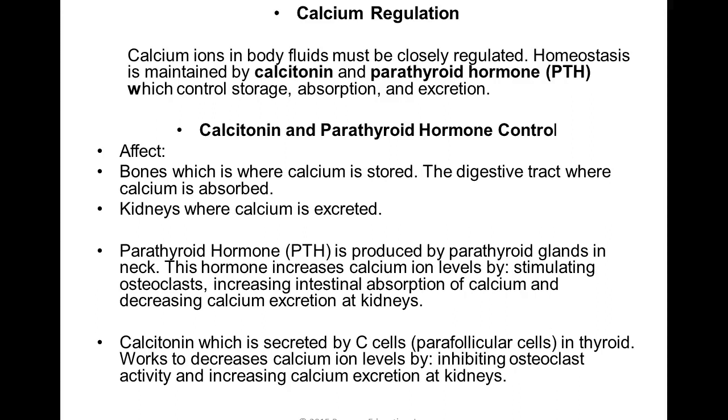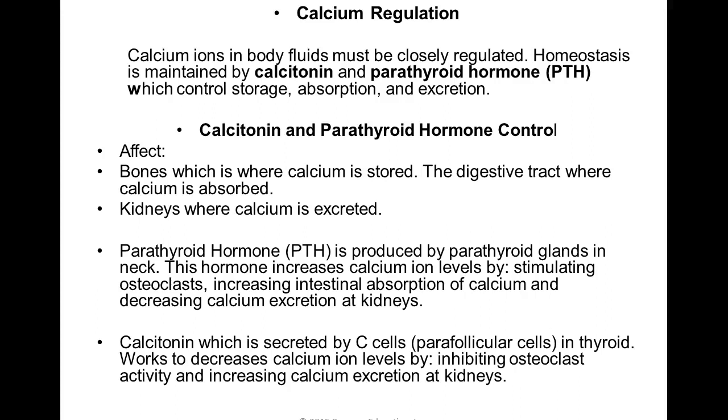In terms of calcium regulation, which is a very important concept, certainly when you are looking at nerve conduction, heart rate, manufacturing of membranes, calcium in the blood is closely regulated.